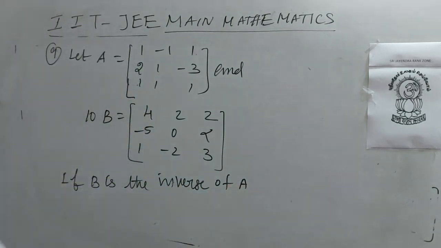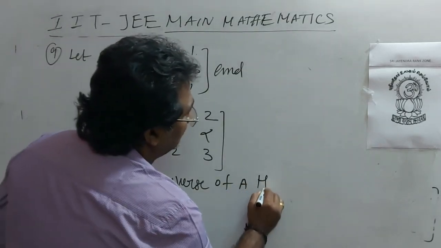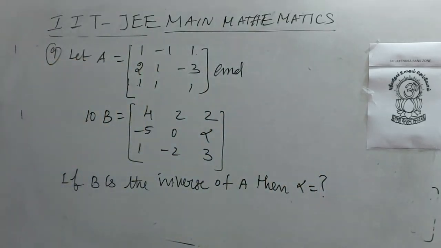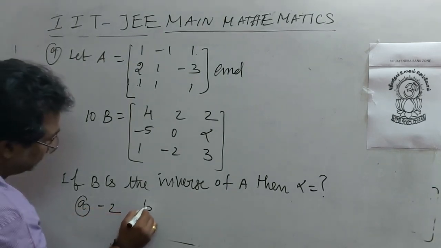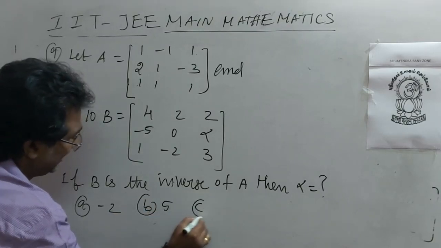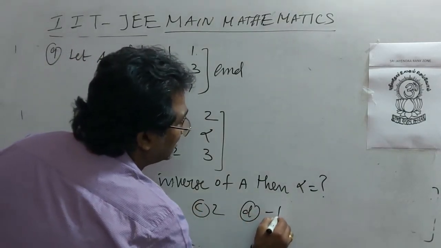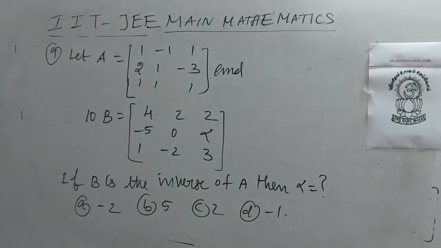If B is the inverse of A, then alpha. The given options are minus 2, 5, the third option is 2, fourth option is minus 1.